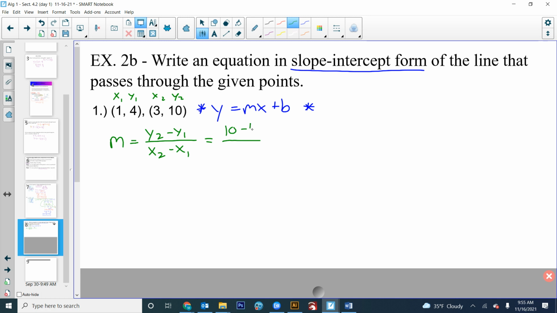Over, Vince, what do you think? x2 minus x1. 3 minus 1. Good work. 10 minus 4 is 6. 3 minus 1 is 2. Don't leave it like that. Reduce. 3. m is 3.